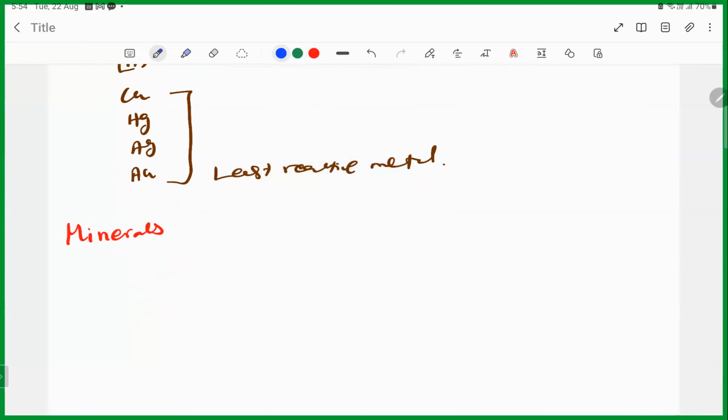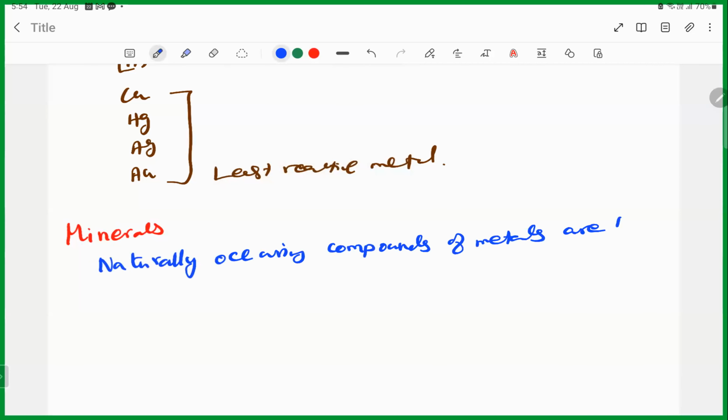Minerals. What is minerals? Naturally occurring compounds of metal are known as minerals.